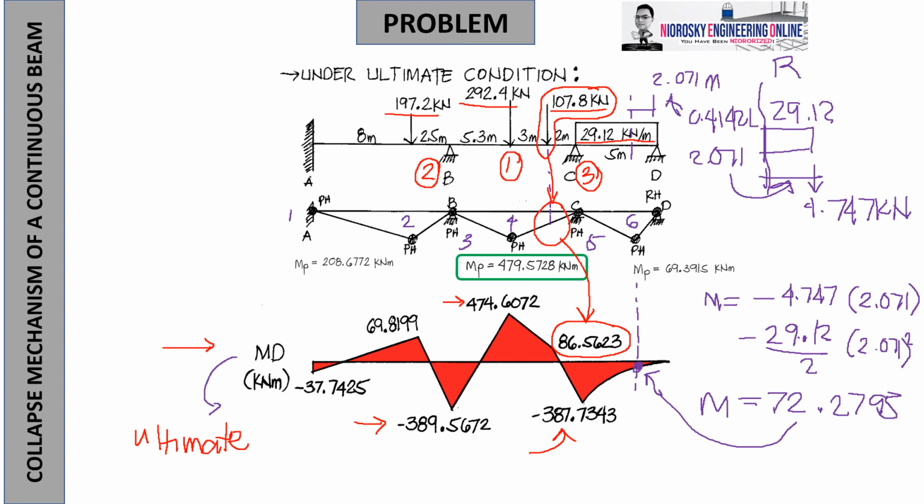Now, to continue, so, ang susunod dito, yung 72.2795, which is on this point, no, fourth point. Okay? And then, finally, the 69.8192, nandito, sa ilalim ng 197.2 kilonewton, which is the fifth point, and finally, the last point, no, which is that negative 37.7425, is the sixth point.